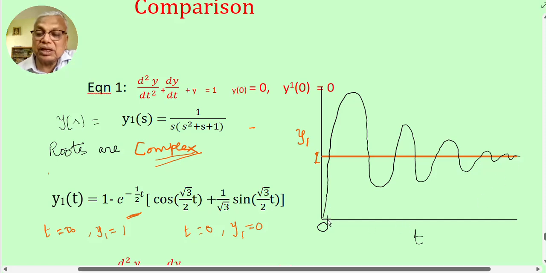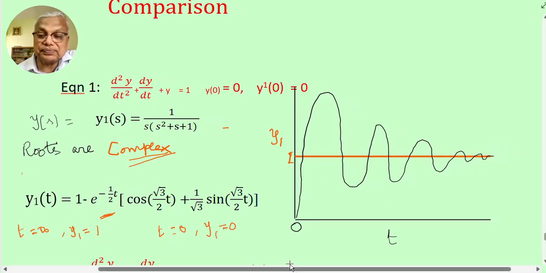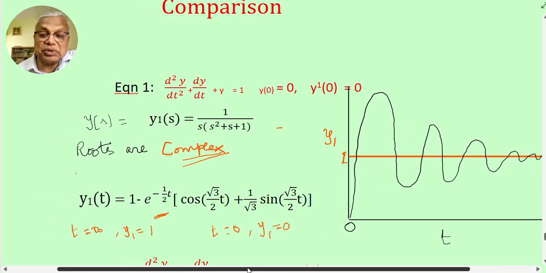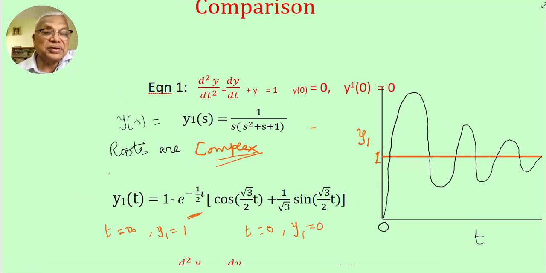Ultimately, when t equal to infinity, it will reach this constant value 1. So this will be the behavior of this equation.